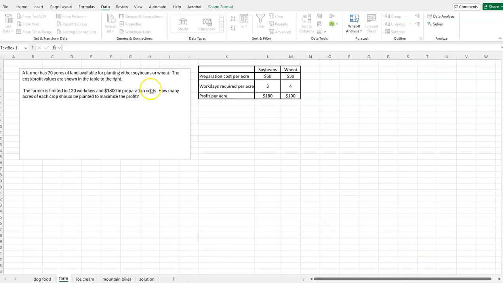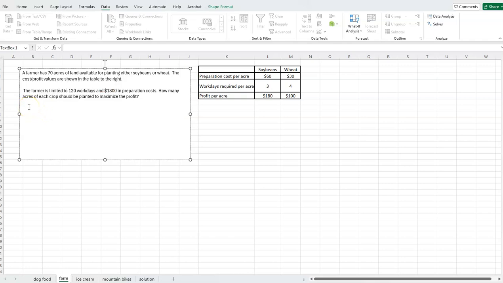Well, again, our linear program always has three ingredients. The first would be the variables. Now, what should our variables be? Well, the last sentence says how many acres of each crop should be planted. We only have two crops, soybeans and wheat, so we will have a two-variable problem.